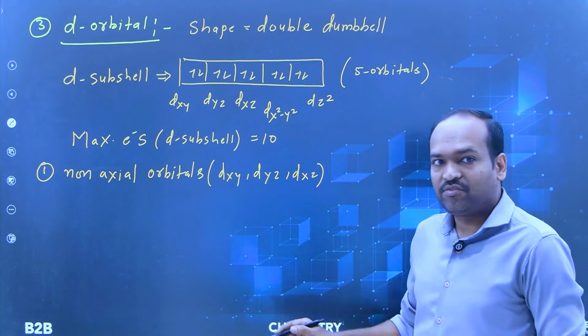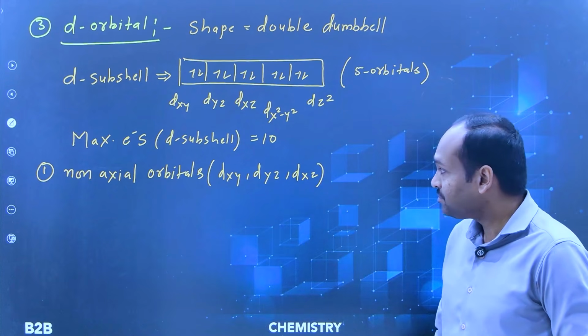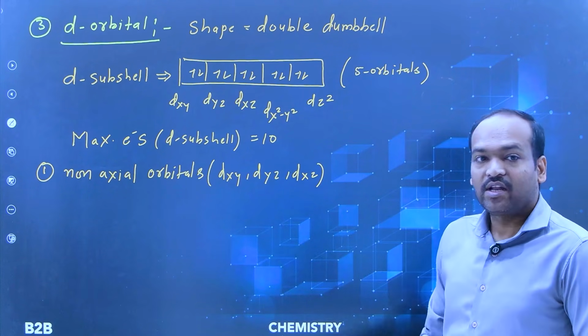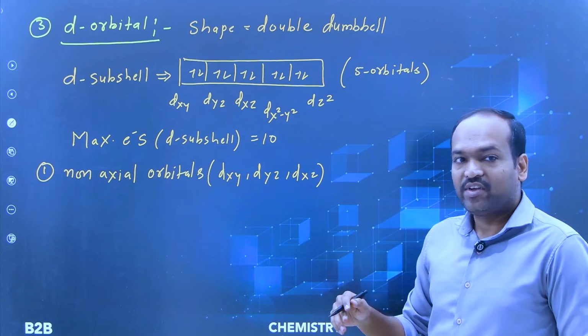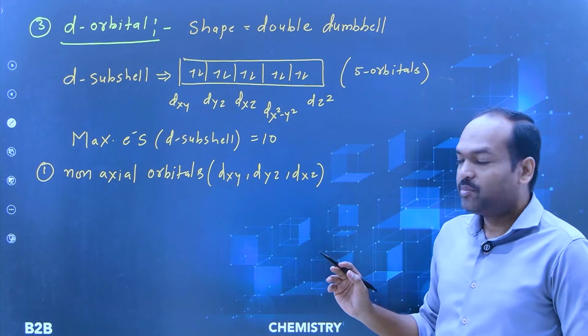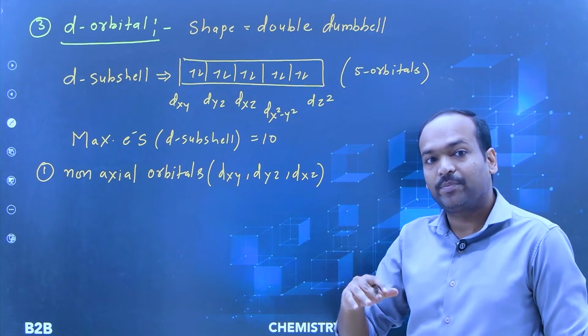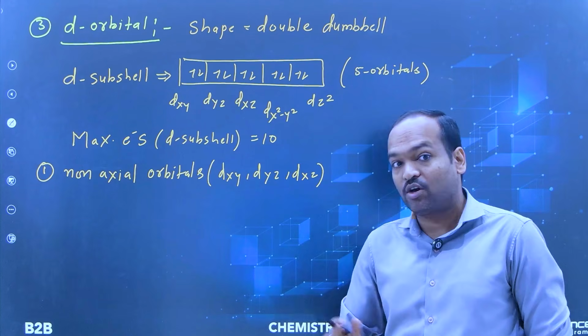What is the meaning of non-axial? For non-axial orbitals, the lobes are present in between the axes, not along the axes.